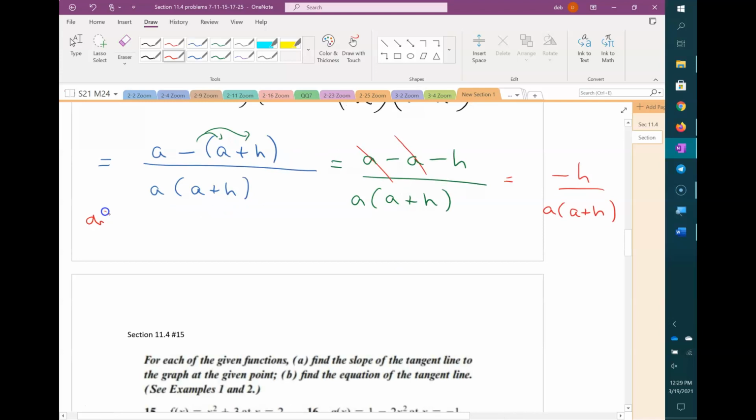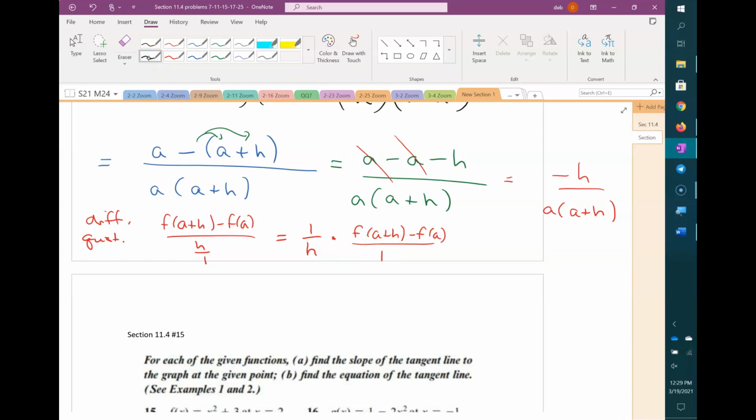But now the difference quotient says I need to take f of a plus h minus f of a and divide it by h. Well, that's the same thing as multiplying it by 1 over h. So if that way makes more sense to you, that's fine.